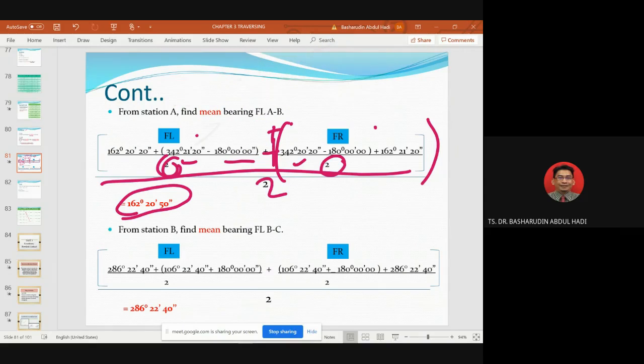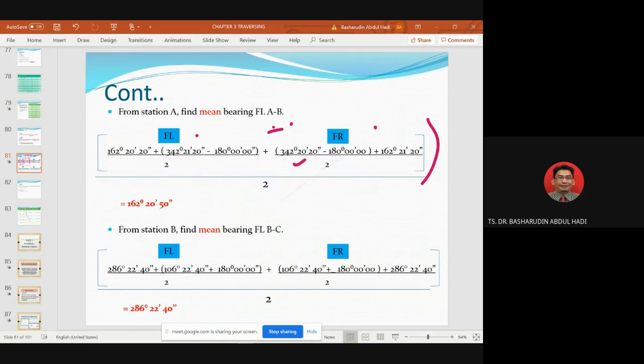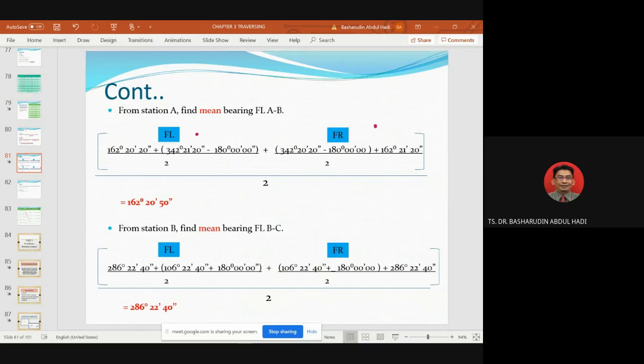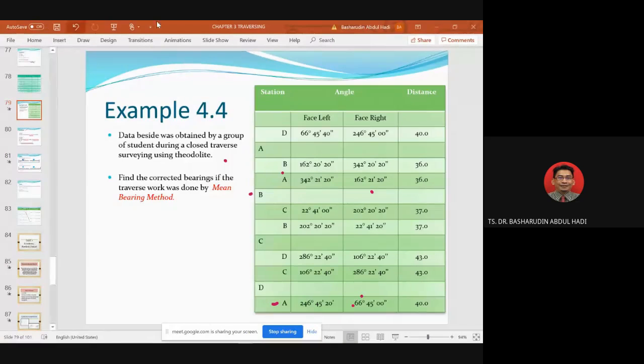So now we want to detect where we get all this data. First we investigate this data: 162 degree 20 minute 20 second. You remember that? Face left, 162, 20, 20. Here, A to B, this one. Then we go back to this.